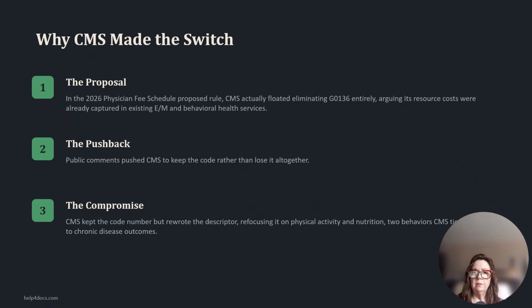But the commenters pushed back on this, and CMS landed on a middle ground: keep the code, but repoint it entirely at physical activity and nutrition instead of social risk factors. So that was a deliberate policy choice. It wasn't a typo, so we can't expect this to revert next year.